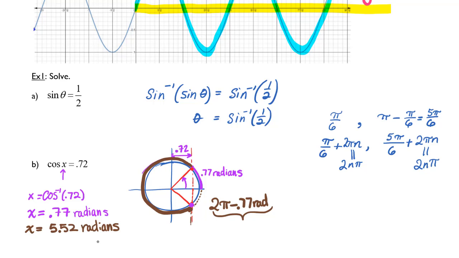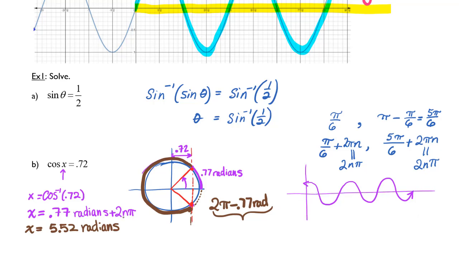Now the last part is to list all the solutions. So we'll go ahead and say plus 2n pi, meaning we could just keep on repeating this rotation, because remember, as we unwind cosine, it continues to go to the left and the right forever.